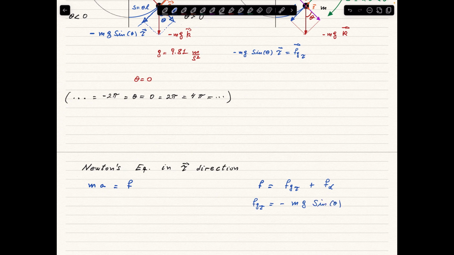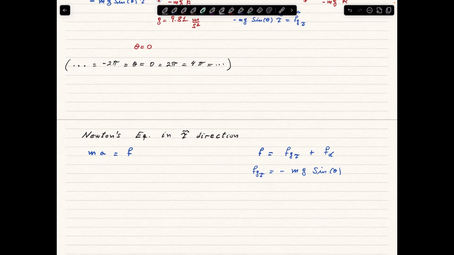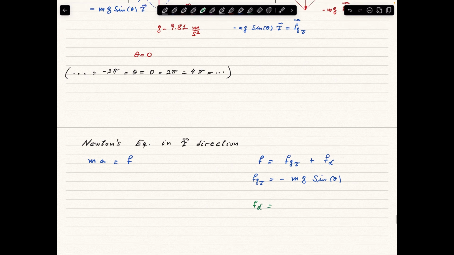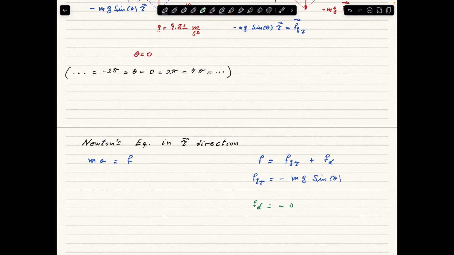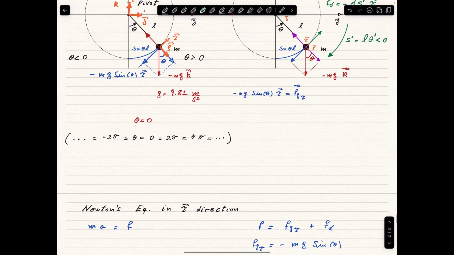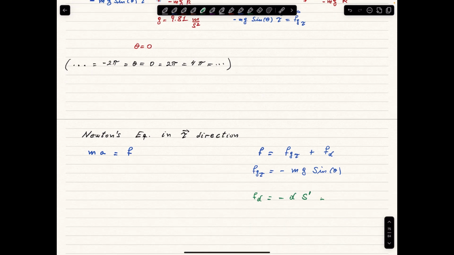And then we have the force in green, that is the force due to the friction, and that is always in the opposite direction of the velocity, which recall we have it here. The motion along the circle is a constant times the angle theta. So this is the same as negative d, then the length constant, and then theta prime, because theta is a function of time.